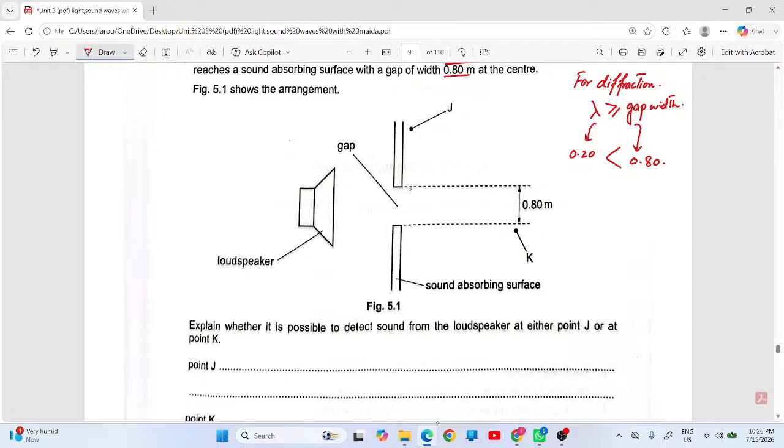Here, because the gap size is wider compared to the wavelength, there will be very little diffraction, just around the edges.